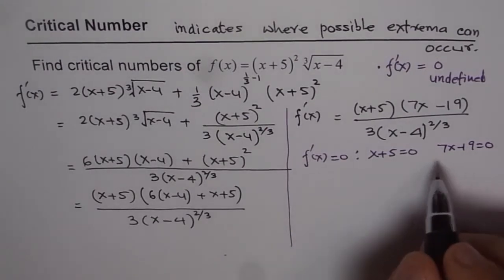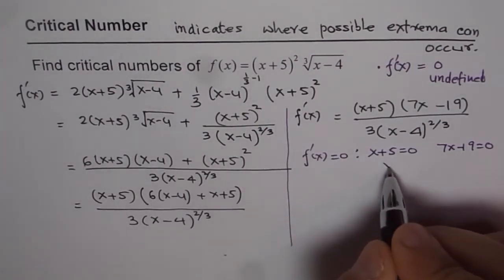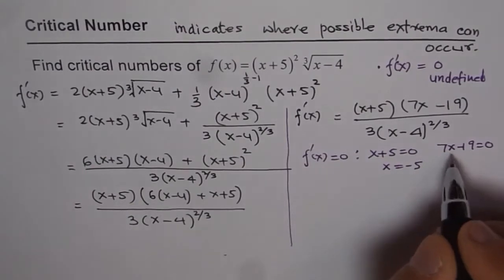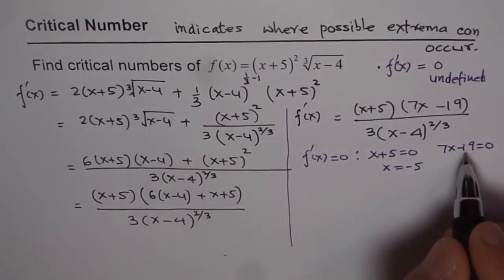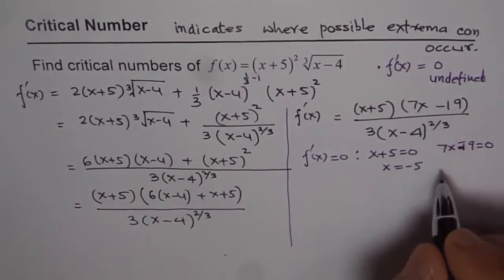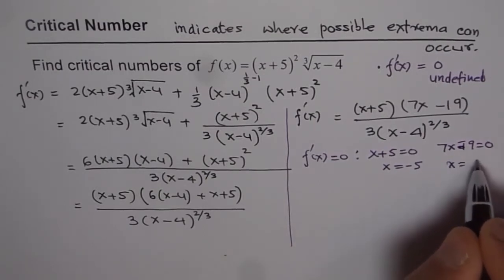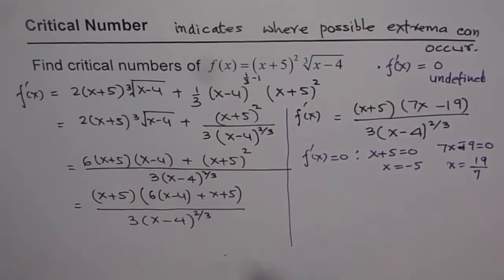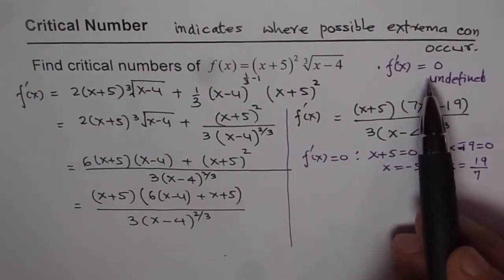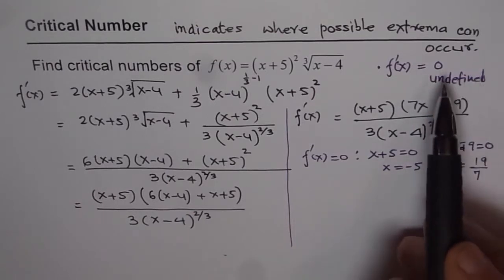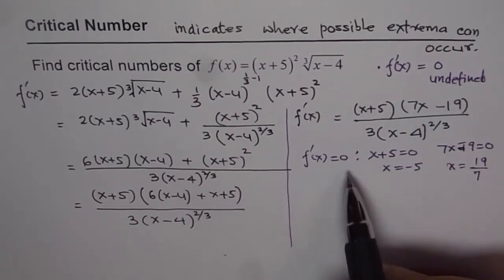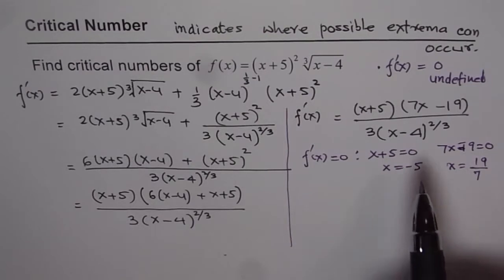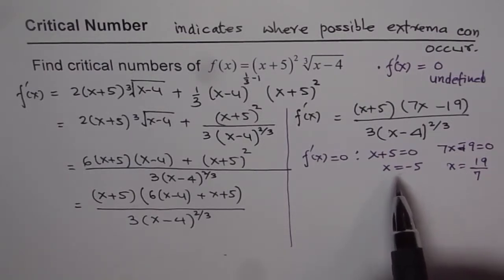So the first gives x equals minus 5, and the second gives x equals 19 over 7. So we get two numbers for which the function's derivative is 0. That means a horizontal tangent, a turning point. At a turning point you can expect a maximum or a minimum, correct? That is the importance of a critical number.